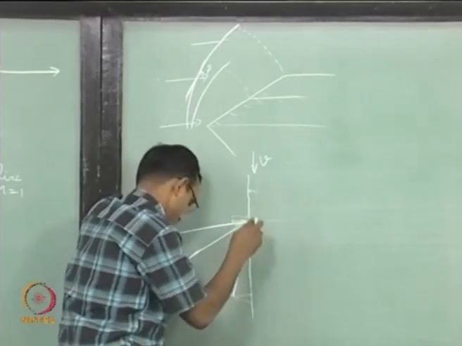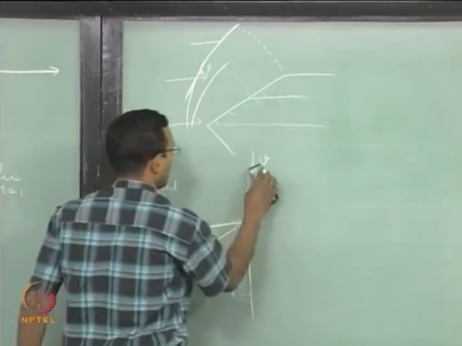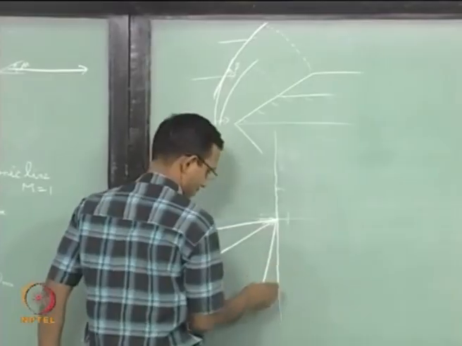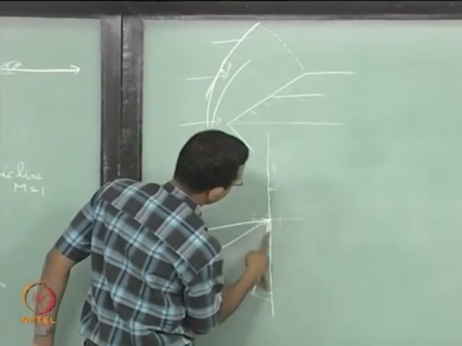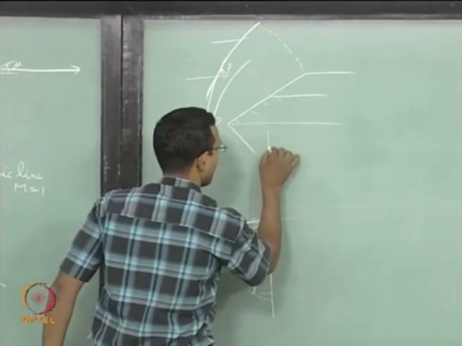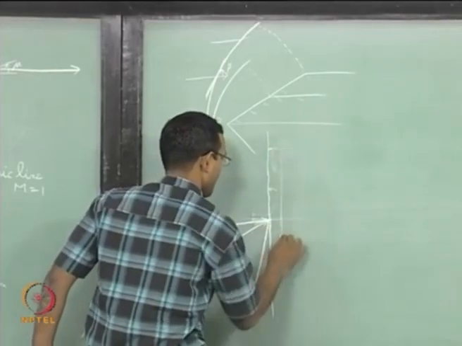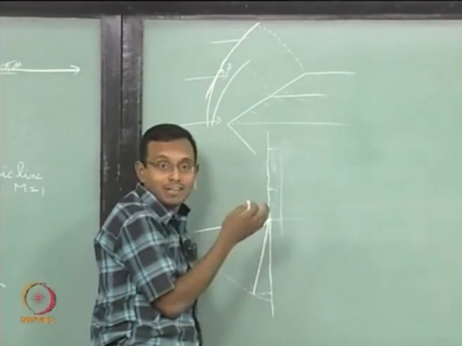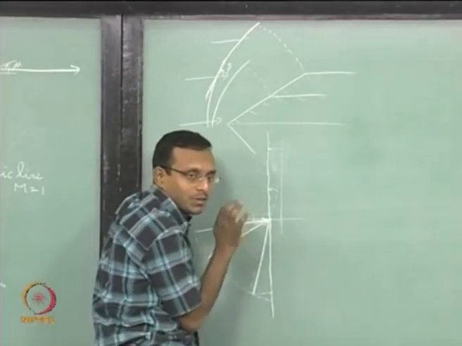So, I will erase this v because it is confusing. I have to draw roughly the same length. Let us say this is my u2 normal. I just guessed a value, something that is smaller than this u1 normal.